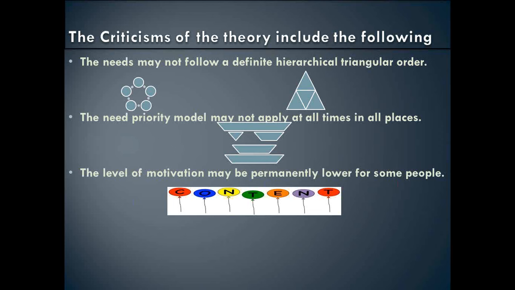And the third criticism is the level of motivation may be permanently lower for some people. For example, a person suffering from chronic unemployment may remain satisfied for the rest of his life if he can just get enough food.